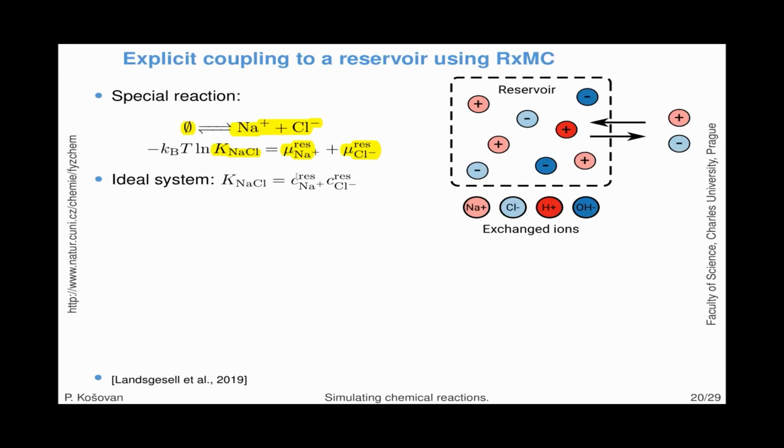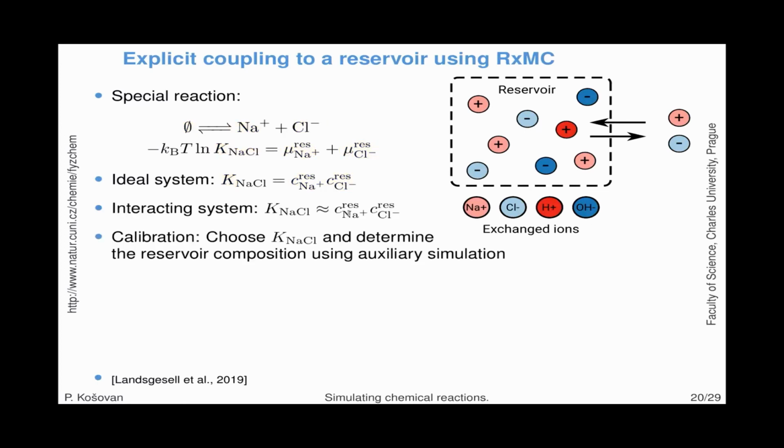And in the ideal case, these particles are not interacting with the reservoir. By specifying the equilibrium constant, I directly specify the product of concentrations of these particles in the reservoir. If I'm interested in an interacting system, this equality no longer holds, it's only approximate.